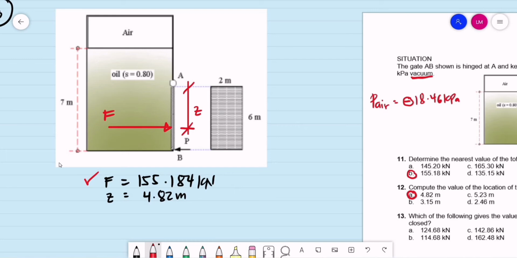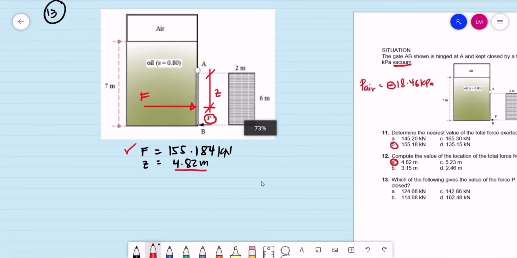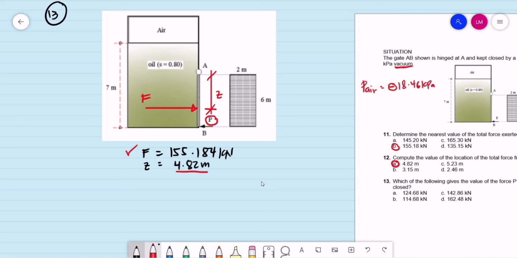Tapos, yung location ng force F na to is at a distance of 4.82 meters, yun yung Z kanina sa number 12 from point A. So, hinahanap lang natin yung force dito sa point B that will keep the gate closed. Ang pwede lang naman natin gawin dito is simple mechanics. Pwede natin gawin is the summation of moments at A equal to 0, assuming clockwise moments to be positive.